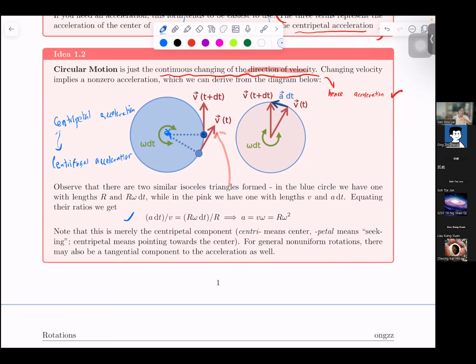When you analyze in a non-inertial frame, there will be the centrifugal acceleration, and also some extra forces. The acceleration we have been talking about is in an inertial frame, and basically that will be the centripetal acceleration.